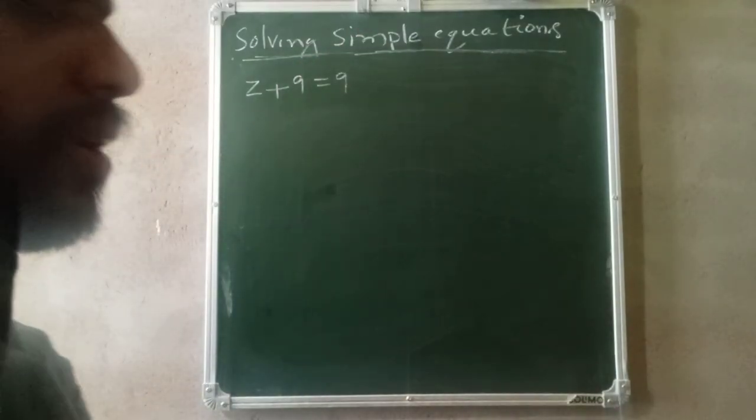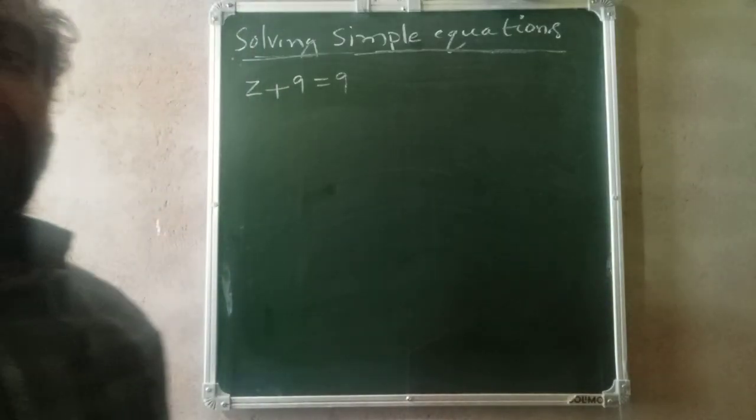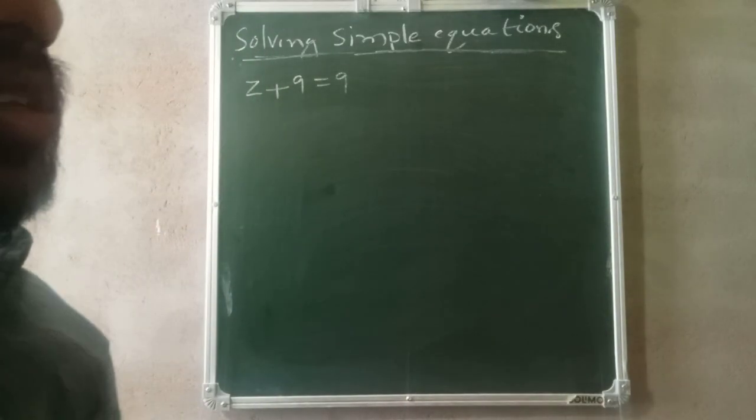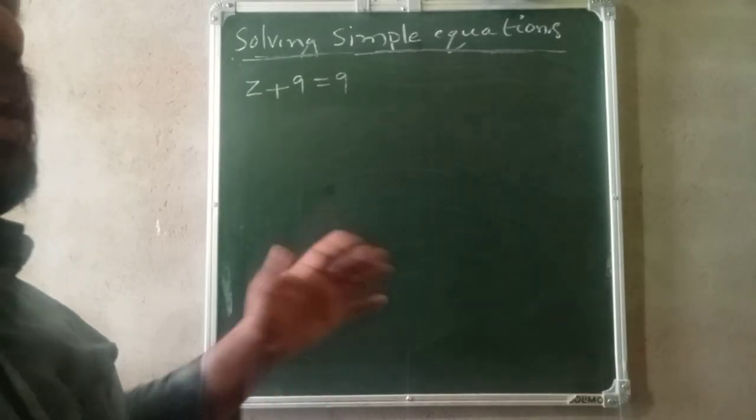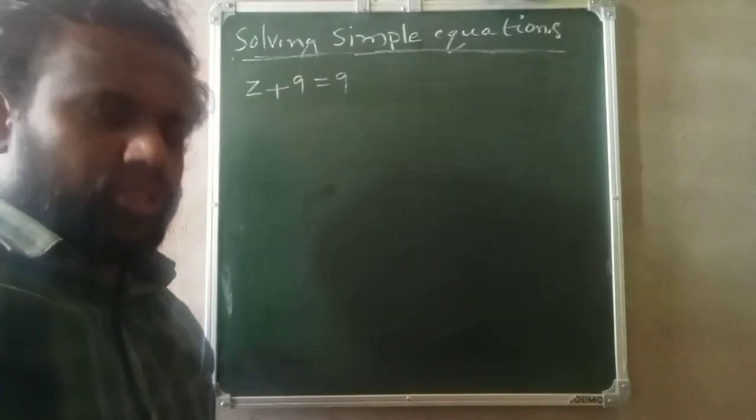This is another simple equation we have to solve. So solve means we have to find the value of the variable. So the variable here is the letter z. So we have to find the value of z.